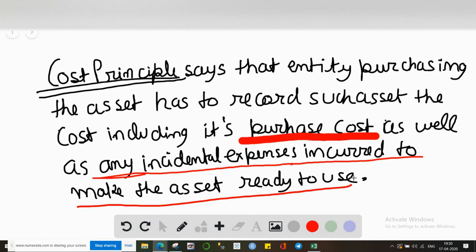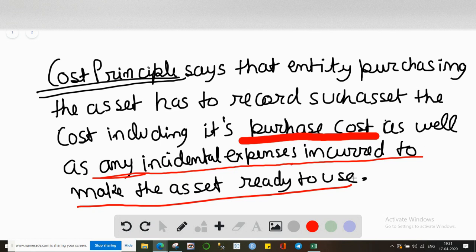So the assembly of the computer, like the fitting of the processor into the CPU, attaching all the cables into the correct position, is known as assembling. The assembling cost of the computer would come to around $250. So those $250 will also be capitalized in the financial statements with the cost of the computer, because without it, it would be impossible for a person to assemble the computer on their own and make the computer ready to use.